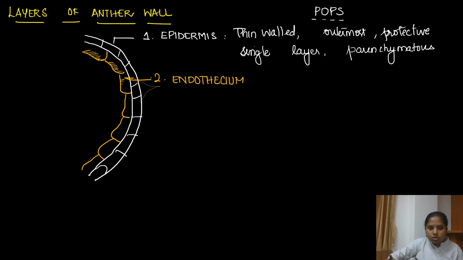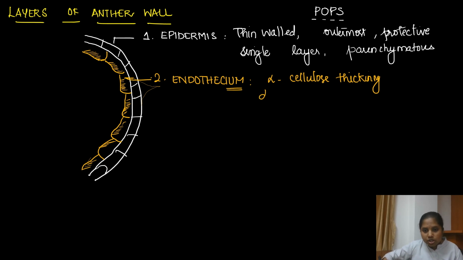These are cellulose fibrous thickenings. So this endothecium has alpha cellulose thickenings. This endothecium is mainly associated with dehiscence of the anther, the bursting and releasing of the pollen grain.